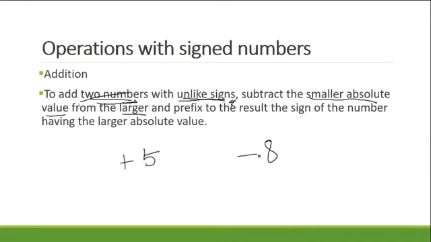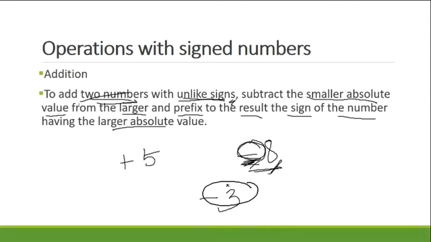So, 8 minus 5 is 3. And prefix to the result the sign of the number having the larger absolute value. Syempre, yung mas malaki yung absolute value nitong negative 8. So, kung ano yung sign natin dyan, which is negative, yun na lang ang ikakopy natin. So, we have negative 3.